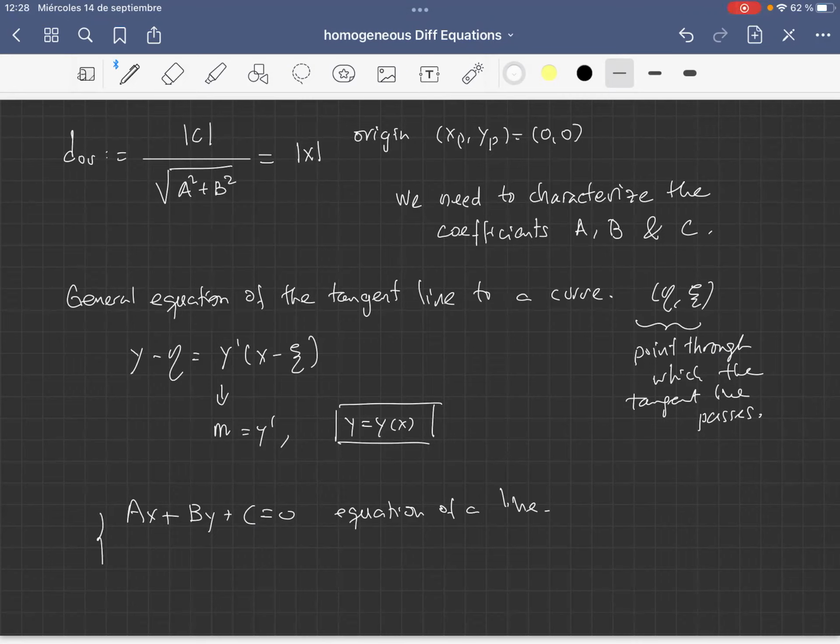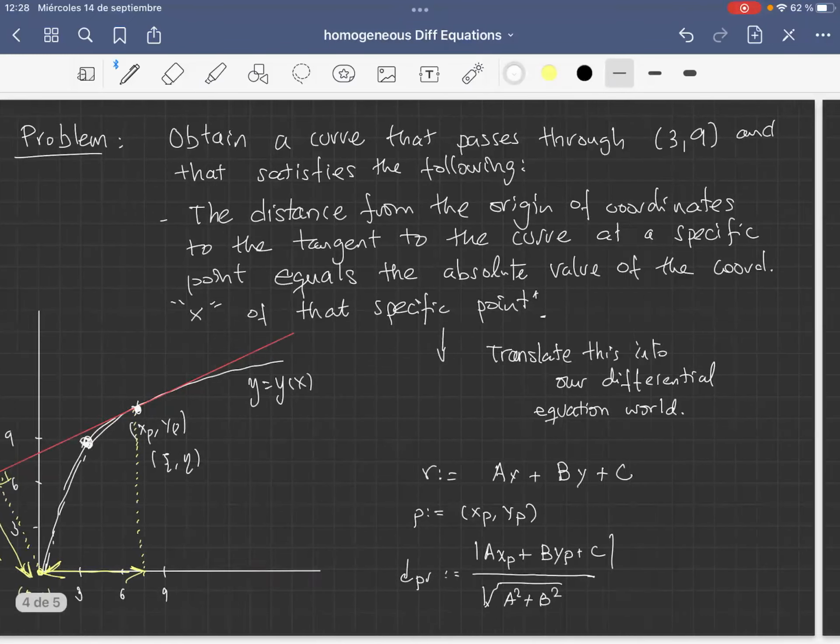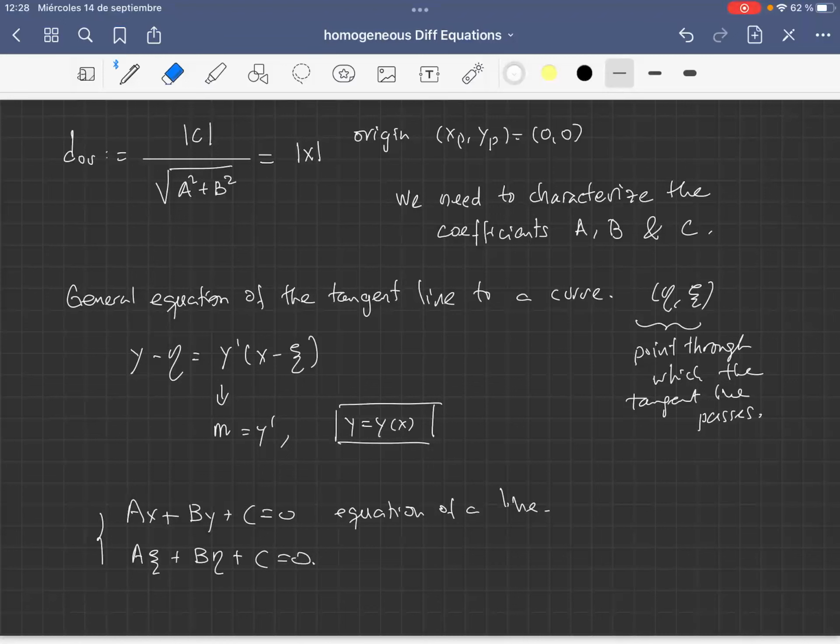Our tangent line is going to pass through this point, the random point that before I called xp, yp. You can just call it psi, eta right now. So this is psi and eta.